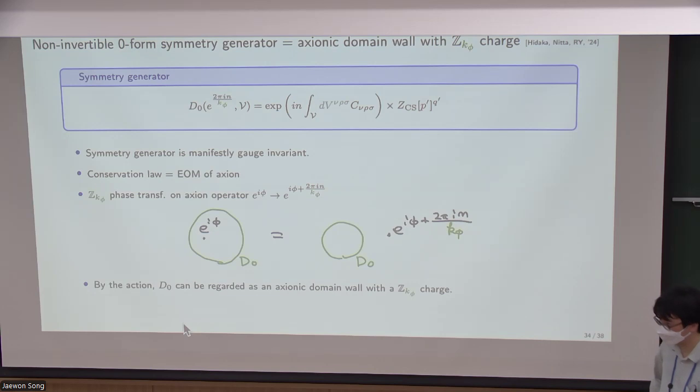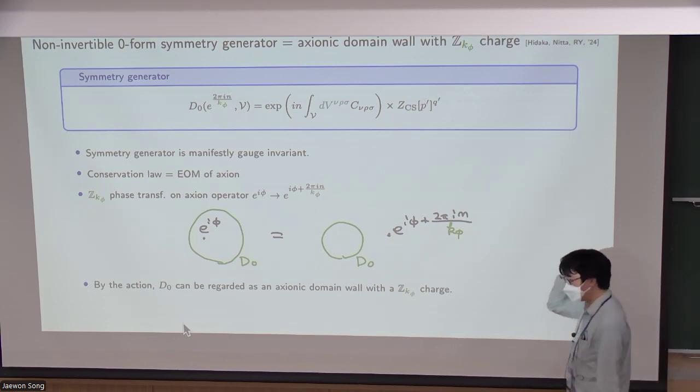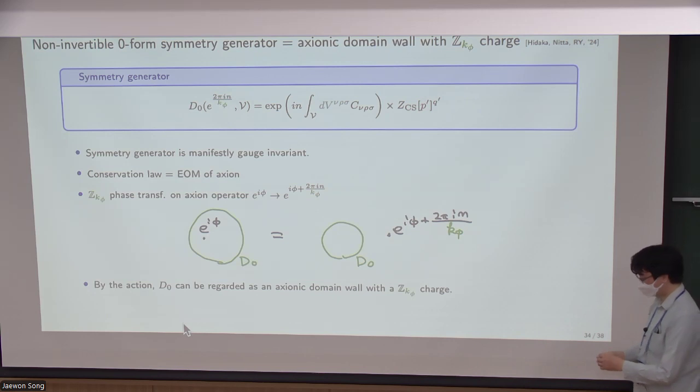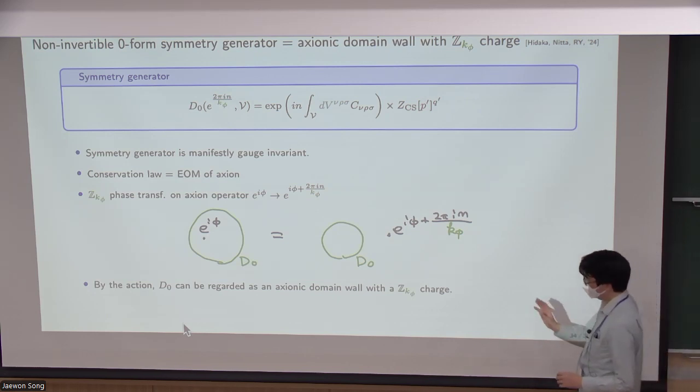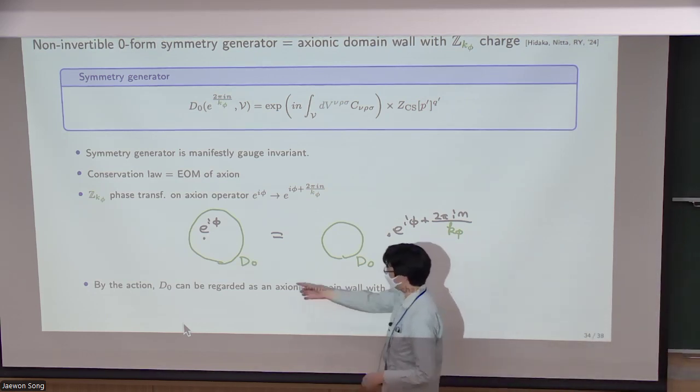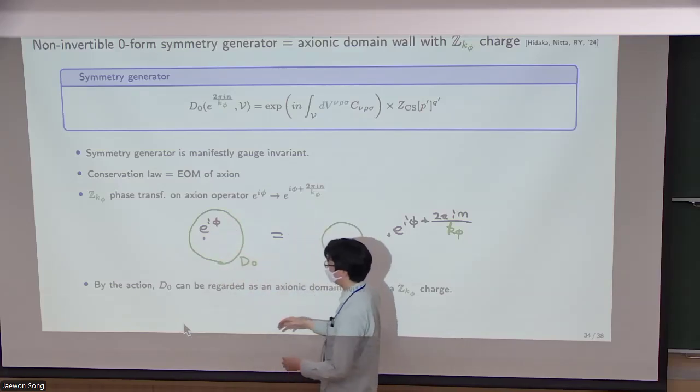Now, when you say this can be regarded as that, there must be some specification, right? So I just wonder exactly what you mean by regarded as. Regarded. So I mean, okay, in the low energy limit, I can regard this symmetry defect as a topological defect.